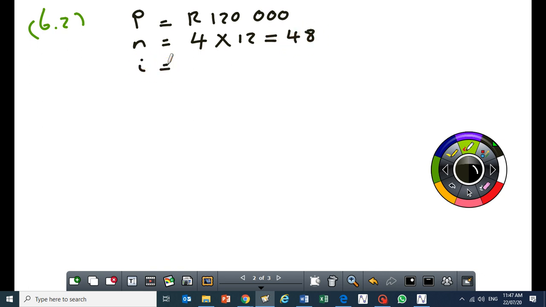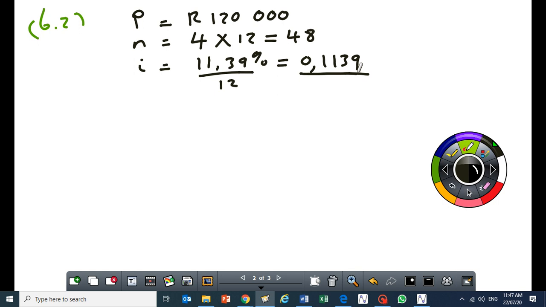Our interest rate is 11.39%, that's 11.39% over 12, which is 0.1139.